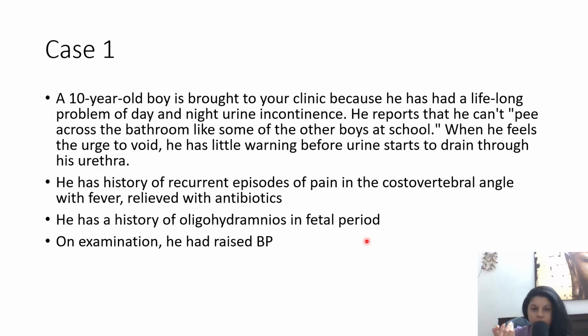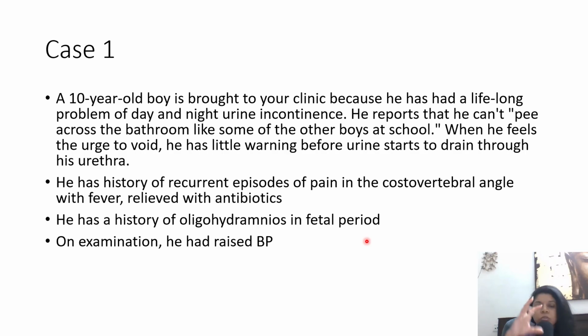So when the kidney of the child is not working properly, the fetus will pass less urine into the amniotic fluid and hence the amniotic fluid will be decreased. Other causes are dehydration of the mother, where the fluid in the mother itself is less, and other conditions like hypertension of the mother.